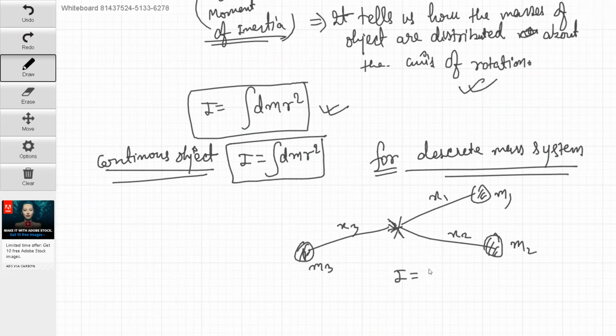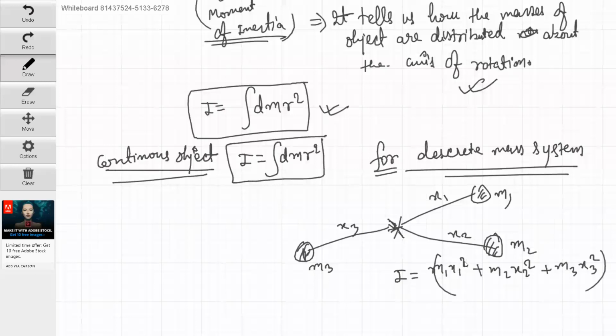Moment of inertia will be equal to m1 x1 square plus m2 into x2 square plus m3 into x3 square and so on. Is this okay? So that is the summation of m1 x1 square plus m2 x2 square plus m3 x3 square. That is the moment of inertia for the discrete mass system.